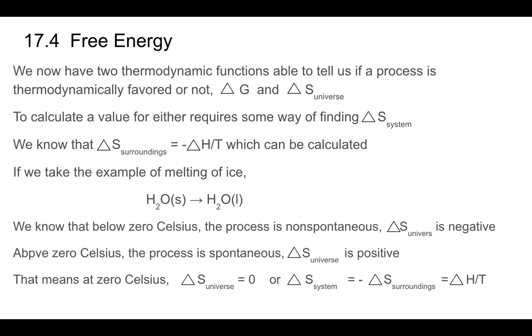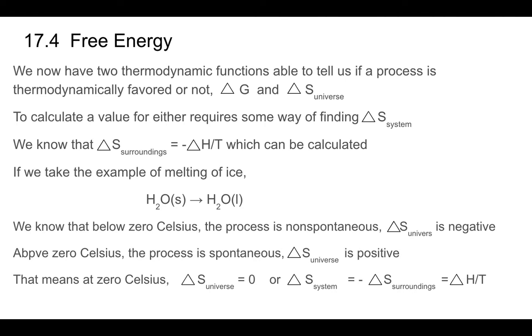So in that case, we would say delta S of the universe is negative. Now, got all kinds of misspellings here. Above 0 Celsius, the process is spontaneous, so delta S of the universe is positive. Well, if below it's negative and above it's positive, that must mean that at 0 Celsius, delta S of the universe is 0.